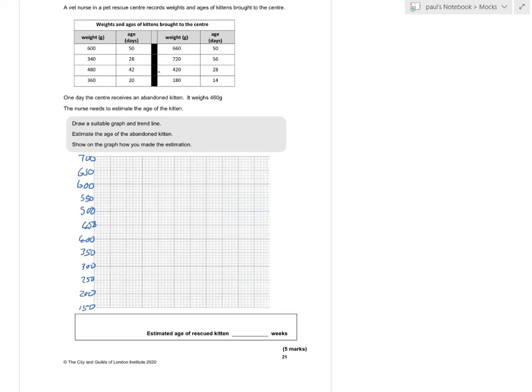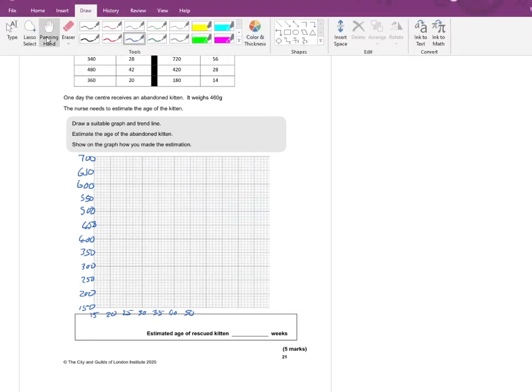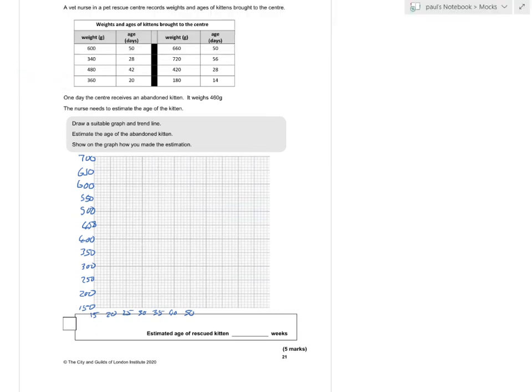14 days to 50 days, so 15, 20, 25, 30, 35, 40, 50. That's a bit small, isn't it? So let's try doing that again.